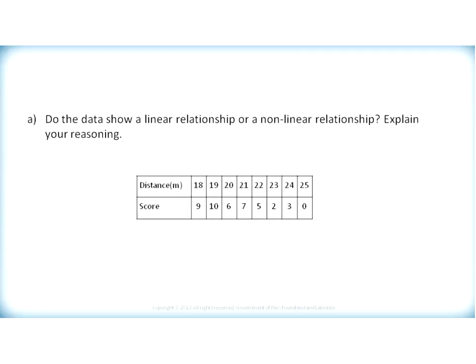So we're going to look at each part individually. You may notice that our distance is constantly increasing by 1. We go from 18 to 19, that's an increase of 1. 19 to 20 is an increase of 1. 20 to 21, 21 to 22, 22 to 23, 23 to 24, and 24 to 25 are each an increase of 1.